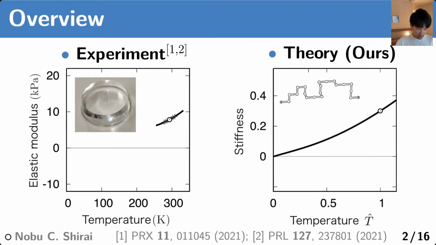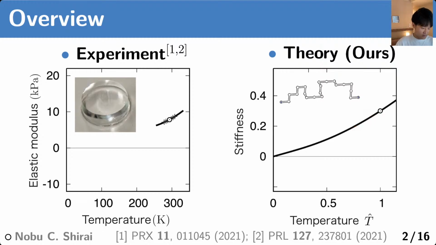So I'd like to set the goal of this talk first. This is the main result of our paper and this talk, the comparison between experiment and theory. The experiment was conducted on bulk gel, and they measured the temperature dependence of the elastic modulus. The data were taken from those two references, and our theory could qualitatively show the temperature dependence of it.